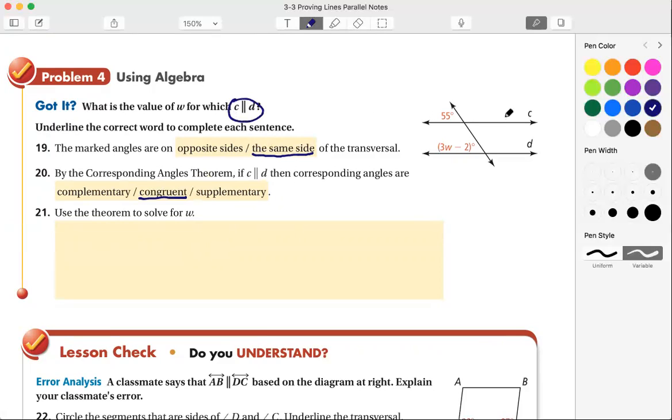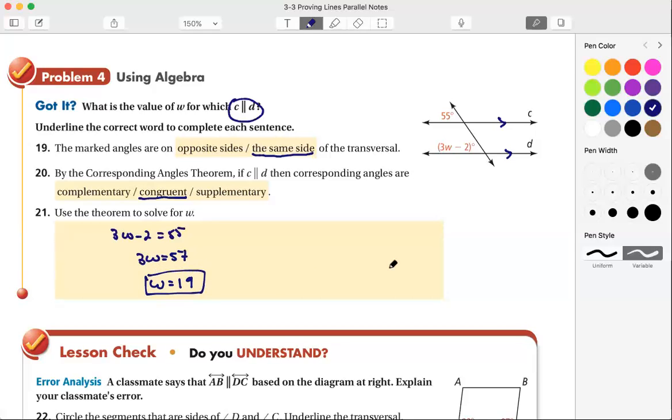C and D evidently are parallel, so I can mark it. So therefore, these angles must be congruent. So 3W minus 2 must equal 55. Adding 2 to both sides, 3W equals 57. Dividing by 3, you get W equals 19.